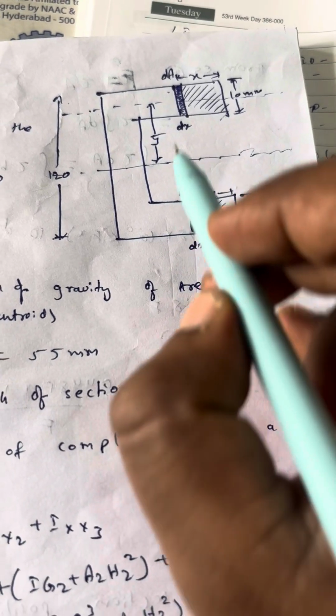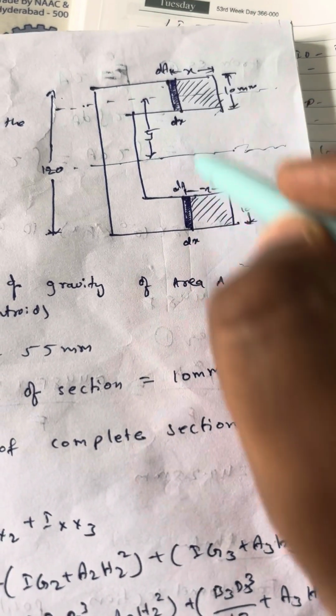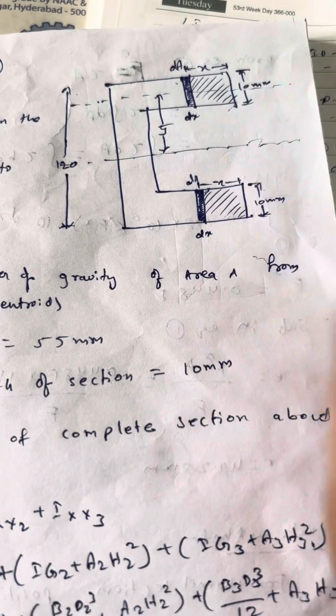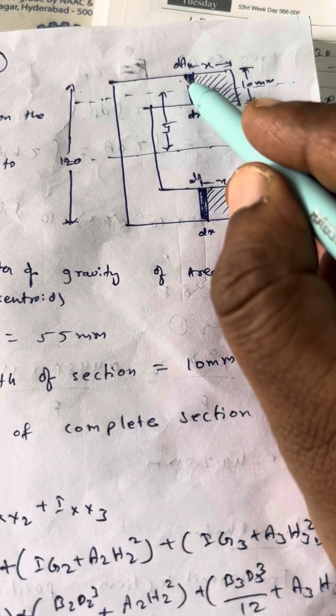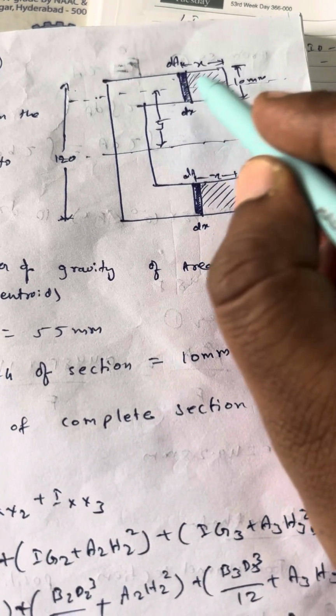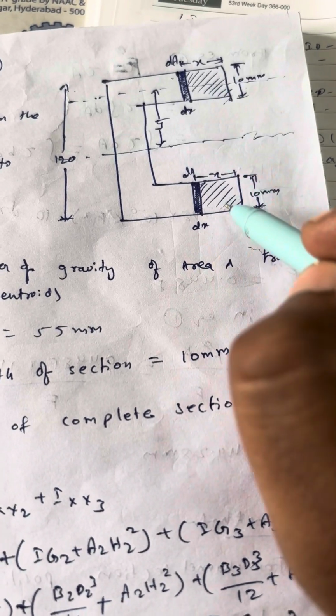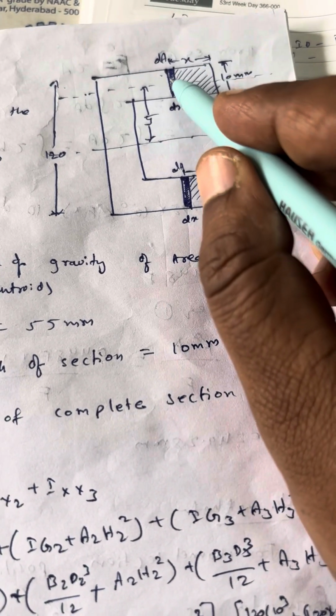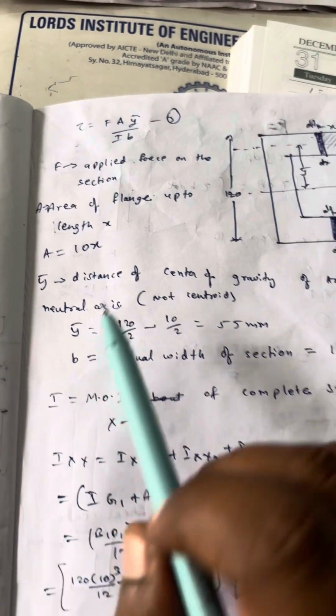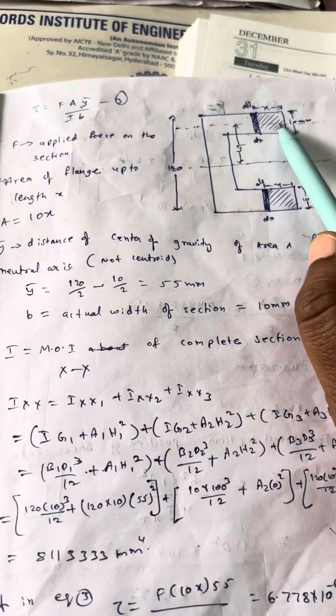This is dA, and this is A, the area up to length x.